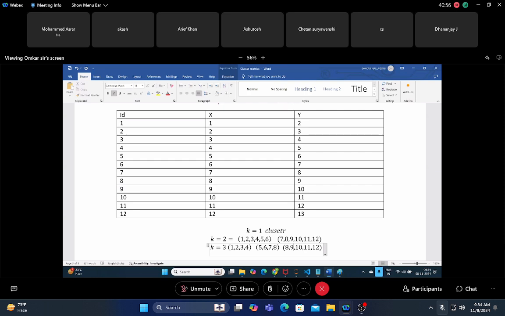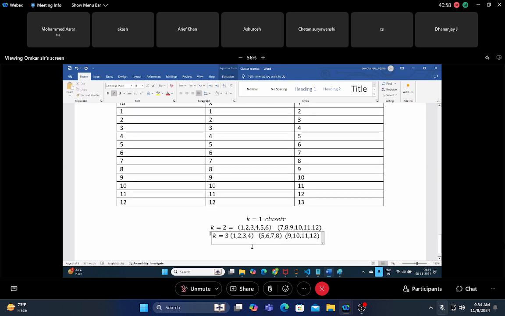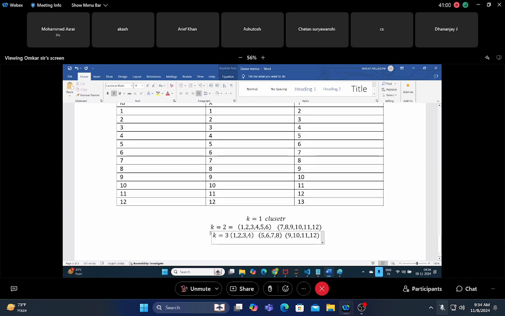Subra, very good. Okay, this is Shruti, this is Saraswati, this is Shubra.